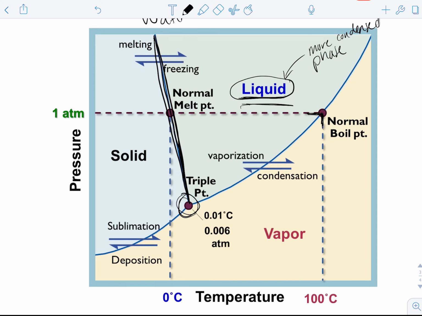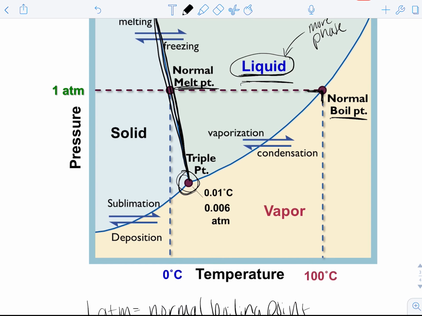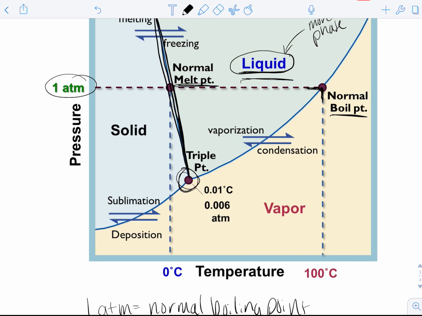So you should also be able to, at 1 atmosphere, determine what your boiling point and melting point are. So if I ask you for your normal boiling point or your melting point, you should be able to look at a phase diagram, go from 1 atmosphere, go to your solid liquid line, go to your liquid gas line, and give me the normal boiling point and normal melting point.